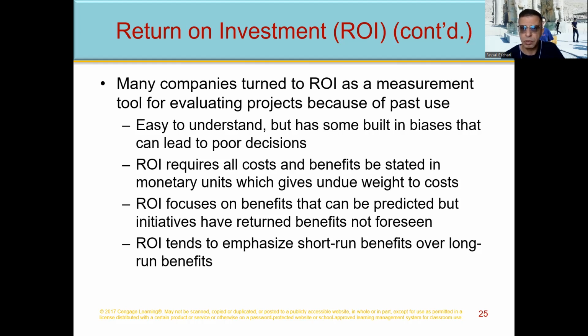So many companies turn to ROI as a measurement tool for evaluating the projects because of fast use. It's easy to understand, but has some built-in bias that can sometimes lead to poor decisions. Usually ROI requires all cost and benefit be stated in a monetary unit, which gives underweight to cost.